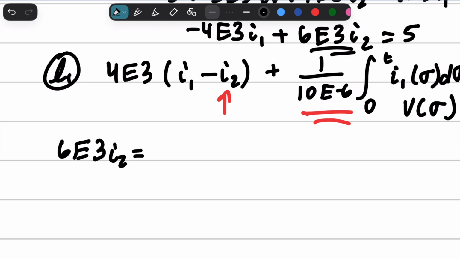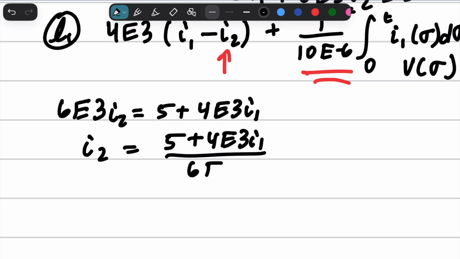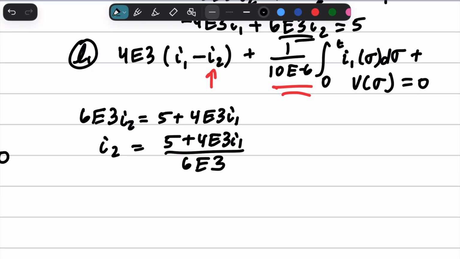6e3 I2 is equal to 5 plus 4e3 I1. Divide both sides by 6e3, and we get 5 plus 4e3 I1 over 6e3. And we can simply put this in here like so.